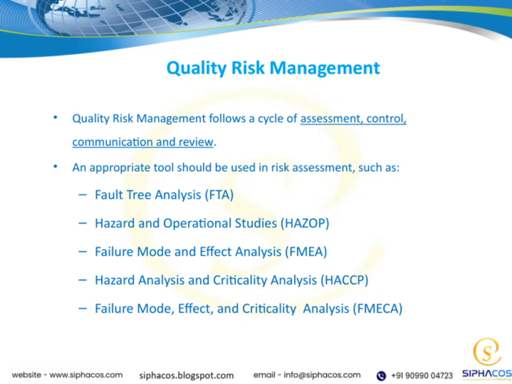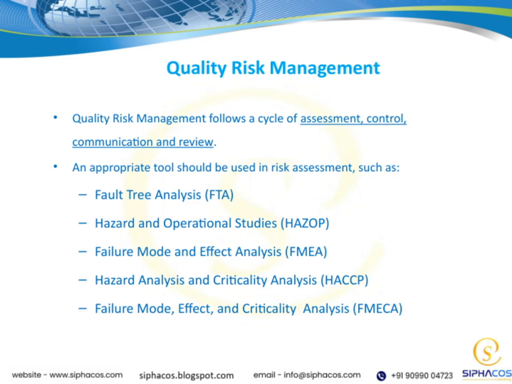Other valuable tools include hazard analysis and critical control points, or HACCP, which is especially useful in food safety, but applicable elsewhere, and failure mode, effect, and criticality analysis, or FMECA, which adds an additional layer of criticality assessment.